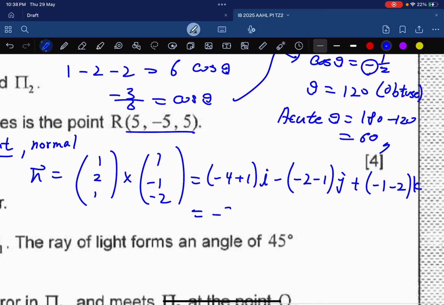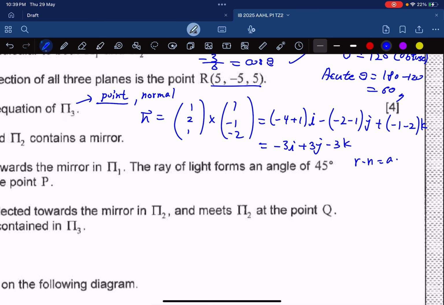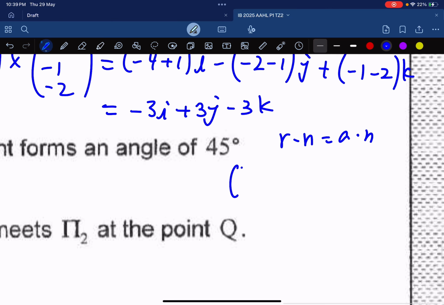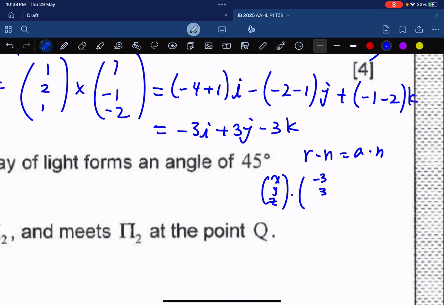So this is negative 3i, and then plus 3j, sorry, minus 3k. Okay, so at the end, you just use r dot n equals a dot n in your formula booklet. The normal would be (-3, 3, -3).